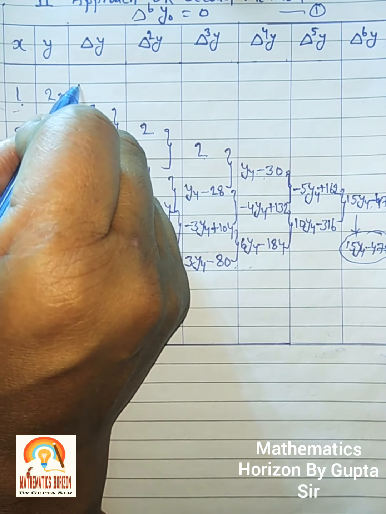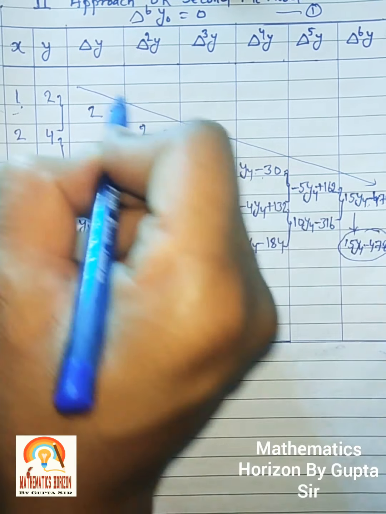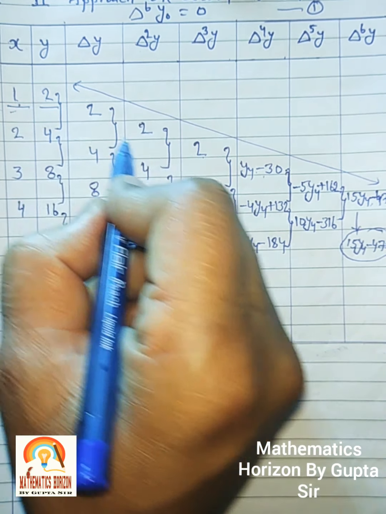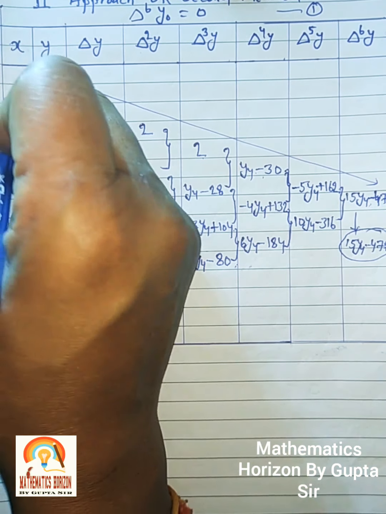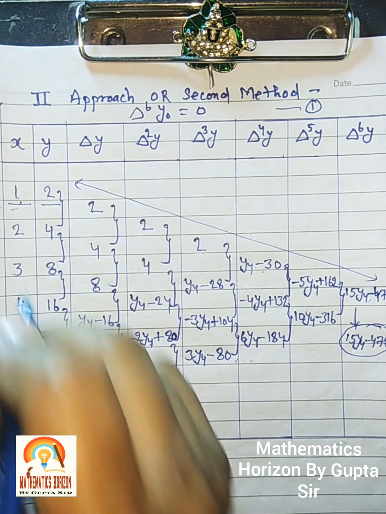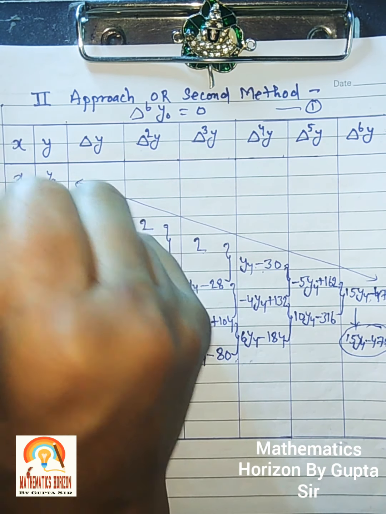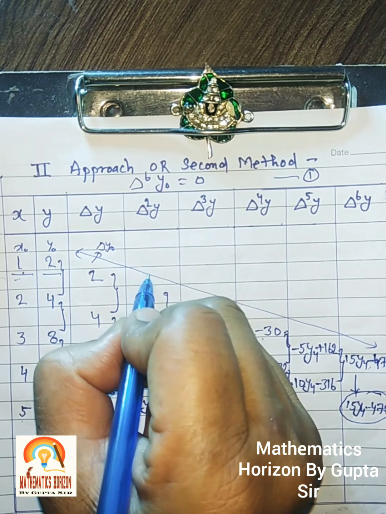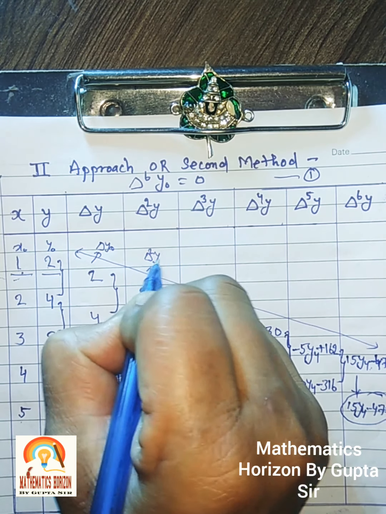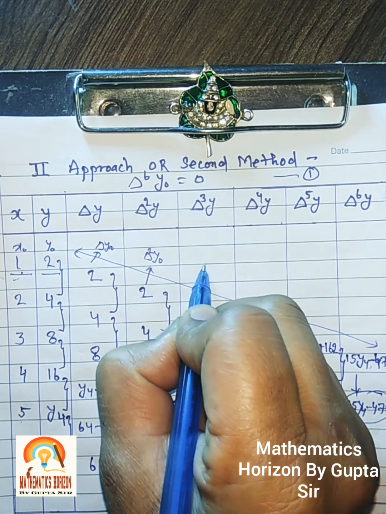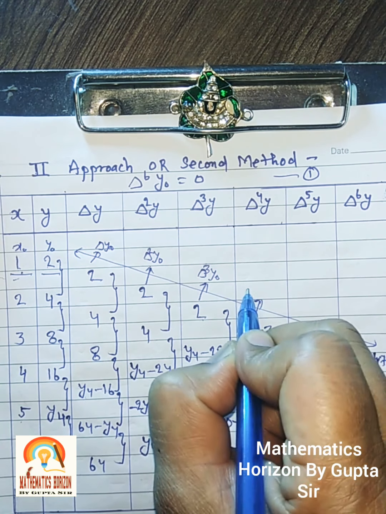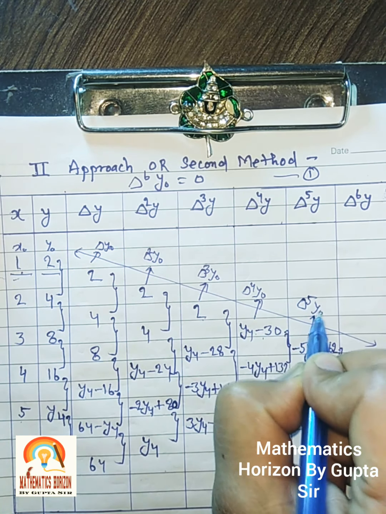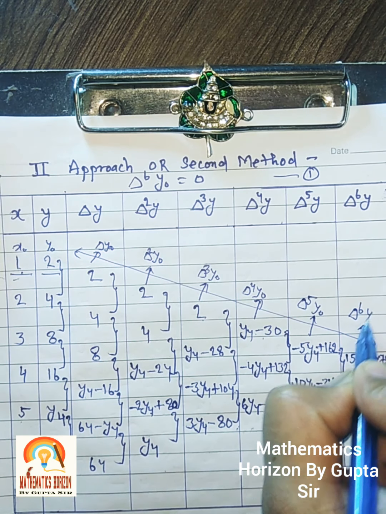These are called the forward differences from top to bottom, corresponding to x0, y0, del y0, del square y0, and so on.